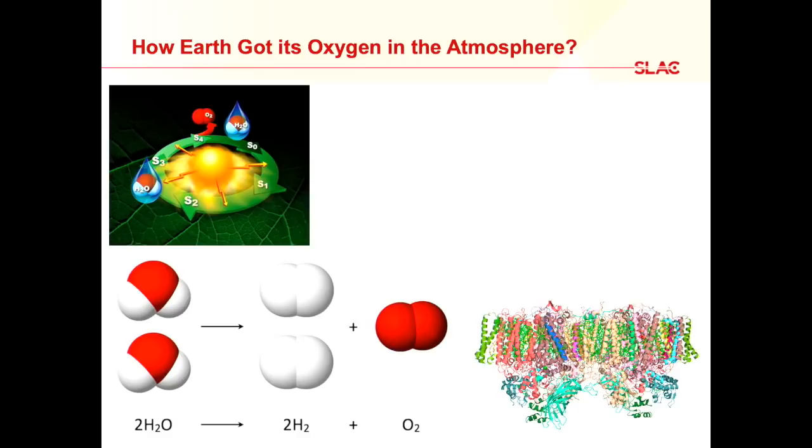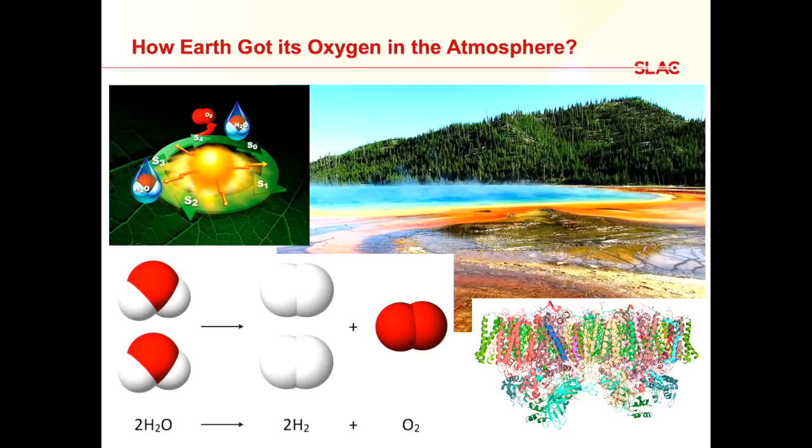So, it can easily be argued that this is one of the most important molecules on our planet for life here. It is believed to have originally started in bacteria, cyanobacteria, a long time ago, and eventually created the atmosphere that we have.